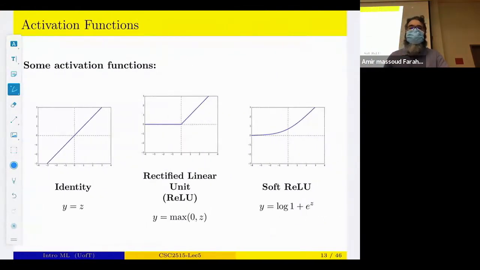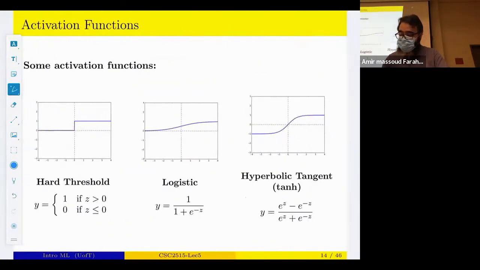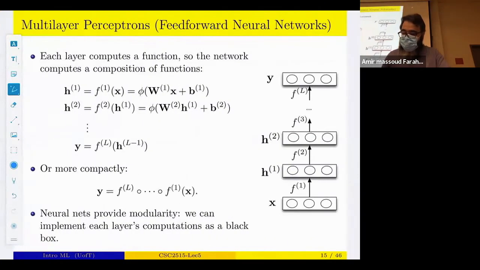I mentioned activation functions. For example, it can be identity, rectified linear unit or ReLU, or hard threshold, or hyperbolic tangent, and many others. So there are a lot of activation functions. The structure, as I mentioned, is called a feed-forward neural network or multi-layer perceptron.